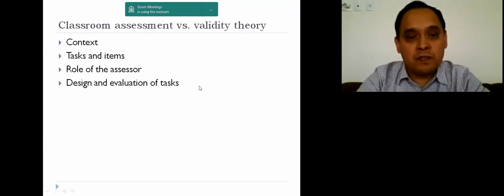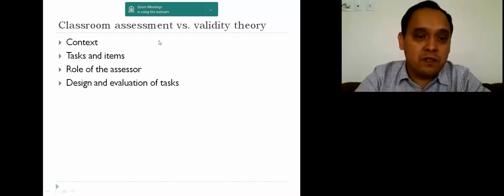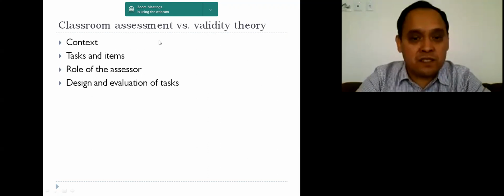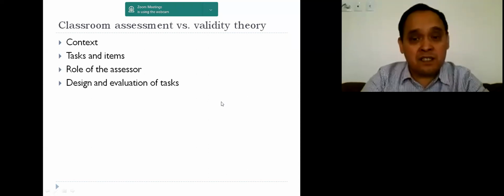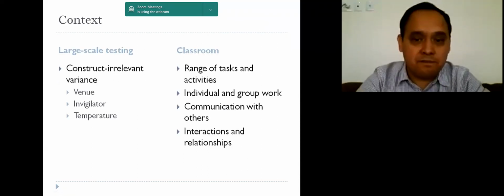We will also be looking at how the role of the assessor in large-scale testing is different to the role of the assessor in the classroom. And we will also talk about the differences in design and evaluation of tasks in classroom assessment versus large-scale language testing.